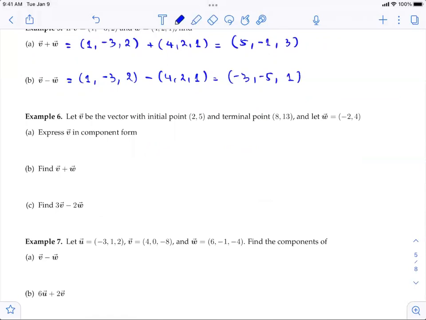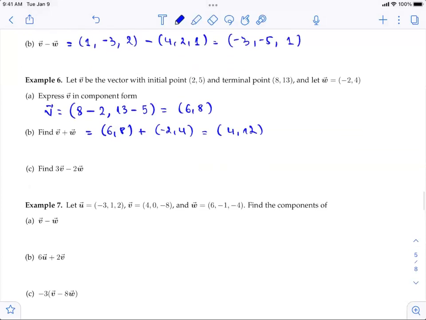So let's do the calculation for v, which is equal to the first component of the terminal point minus the first component of the initial point, and the second component of the terminal point minus the second component of the initial point, and you get 6, 8 to be vector v. Now do vector addition again. So v plus w, so 6, 8 added with -2, 4. You get the vector 4, 12.